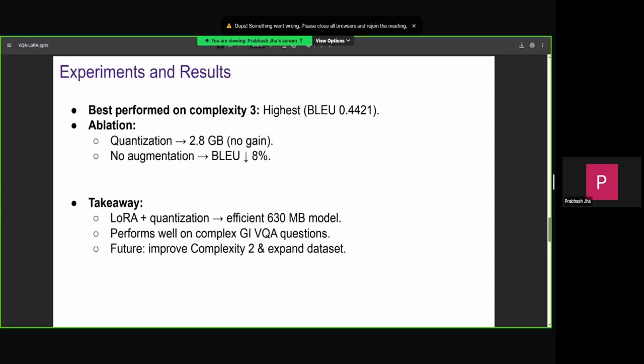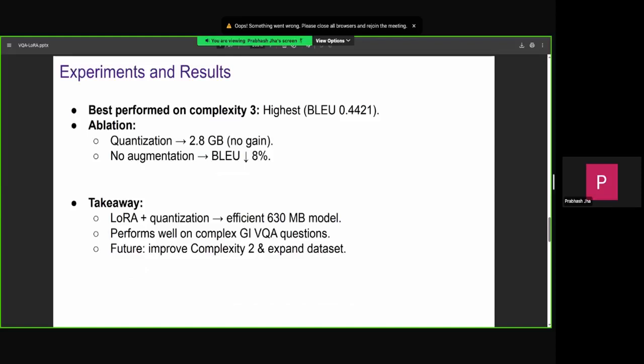In our ablation study, we found that quantization alone brought the model to 2.8 GB with no real gain, while skipping augmentation dropped our BLEU by almost 8%. The takeaway of our project is LoRA combined with quantization gave us an efficient 630 MB model, and it performed well on complex GI-VQA questions.